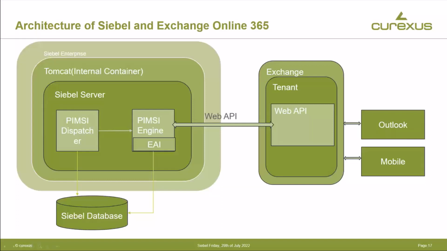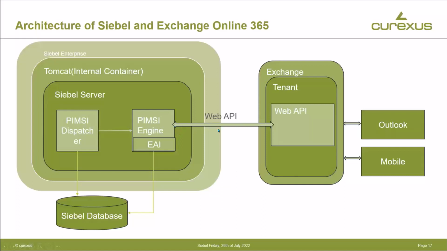So let's come back to the architecture. So I think this is for a Siebel expert relatively clear. So you have to activate your components, and then you have an interface in the Exchange tenant. It's called WebRP. It's a bunch of web services from Microsoft to steer Exchange, and the arrow is a little bit misleading.